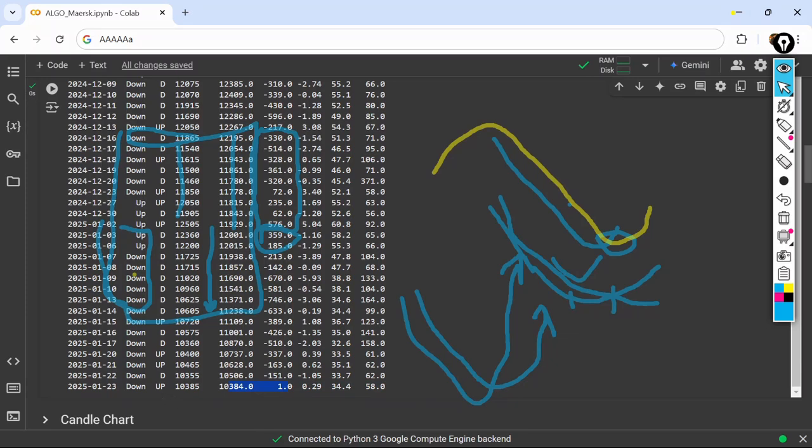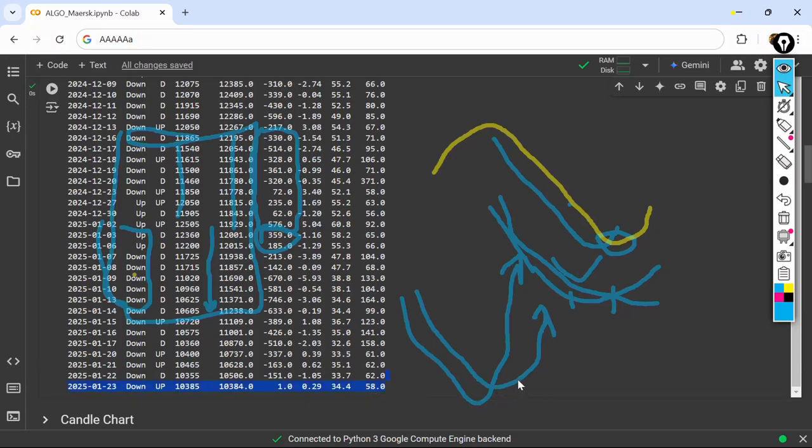So this is the signal that the stock is in a position to reverse from down to up, because the difference is positive. The closing price is 10,385 and the regression is very close. So right now we are here. We are at that point.